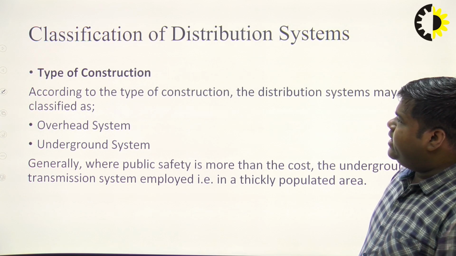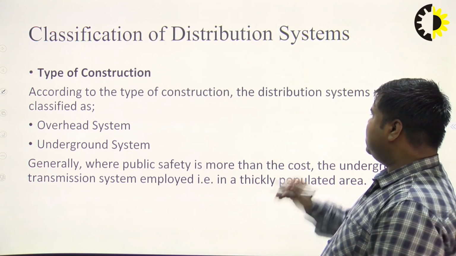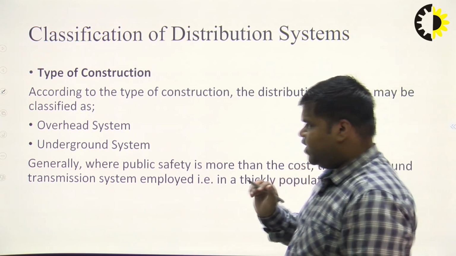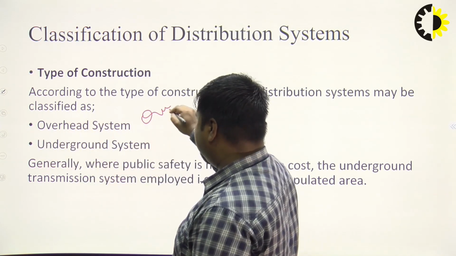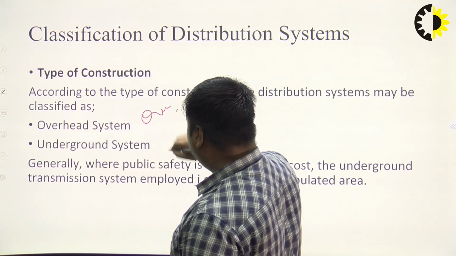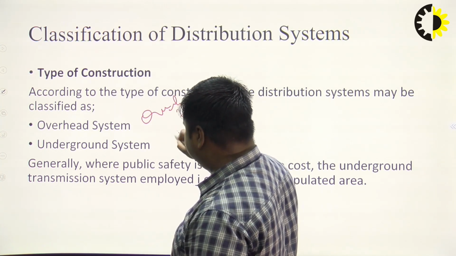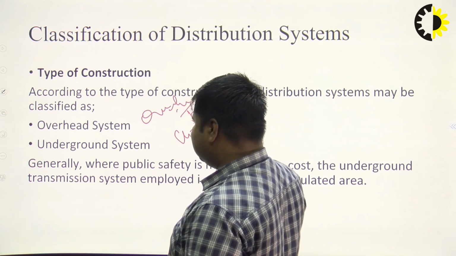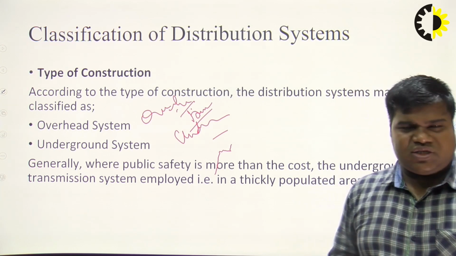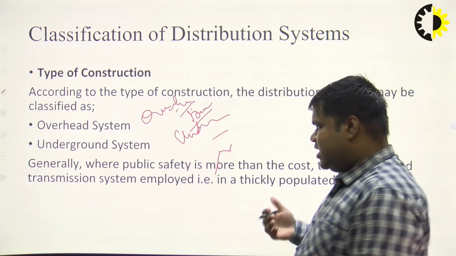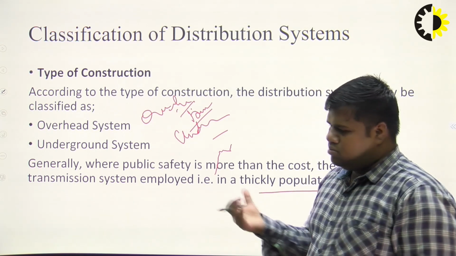The other part is types of construction. According to the types of construction, the distribution system may be classified as, first, the overhead system, and second, the underground system. Generally, where public safety matters more than cost, the underground system is employed.